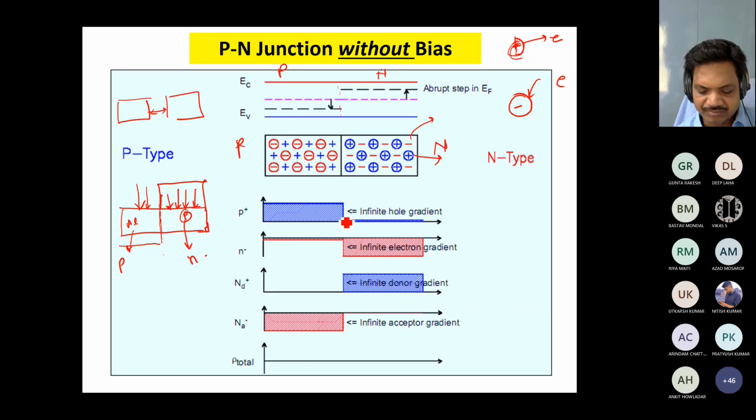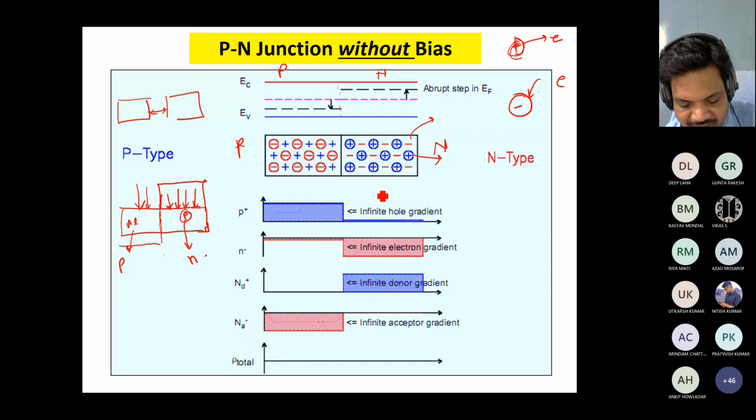On the p side, mostly holes are there, so the hole concentration is high, and on the n side the number of holes is very low. Can you see this in the diagram? Do you understand it? Yes, sir.